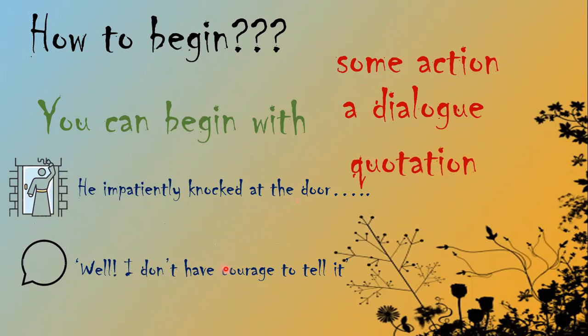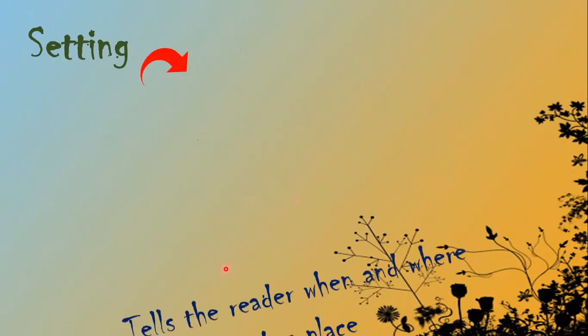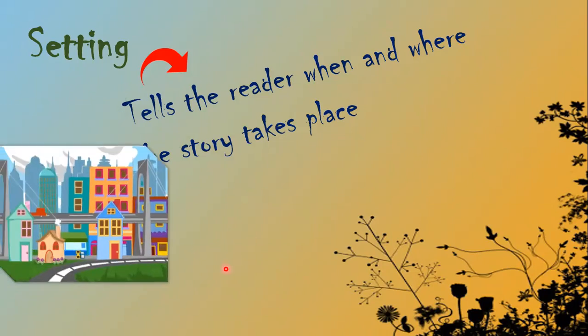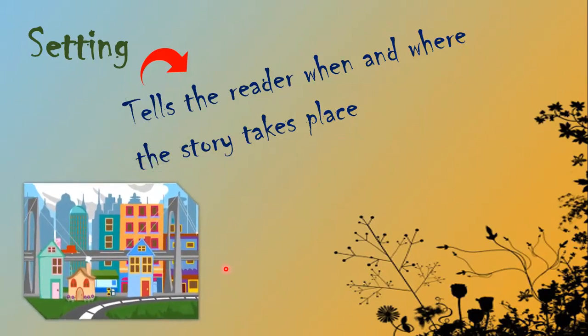So once you have your idea made, you've decided upon your beginning, let's move on and decide about the setting of the story. Setting means where your story is situated, which place it is, what time of the day it is, or the time of the year in which the story is set.